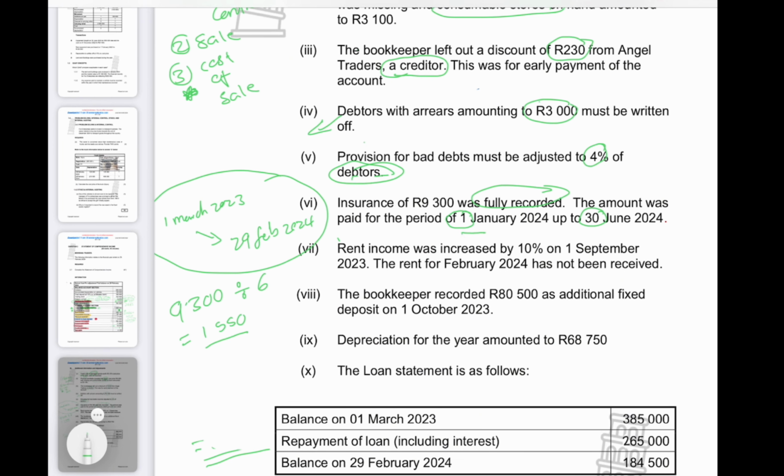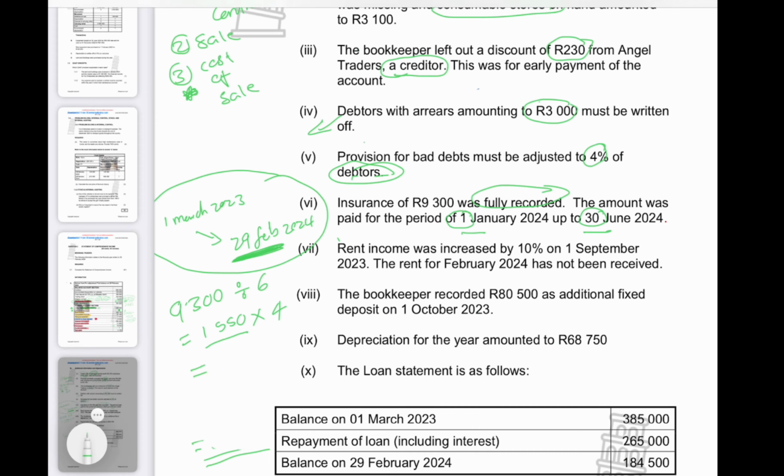So they paid for January up to June, and in this financial year we only have January and February because this financial year ends on the 29th of February. So only 2 months fall into our current financial year. So we have to take out the other 4 months. So you times this amount for 1 month by 4, okay?